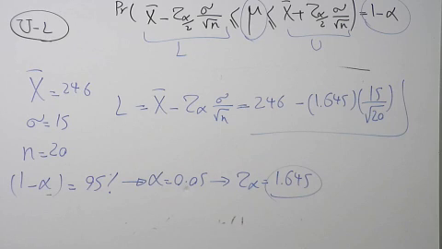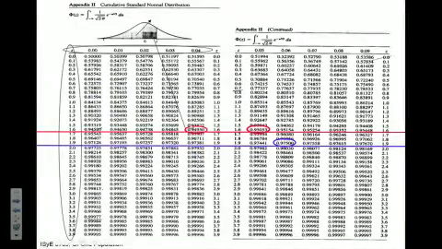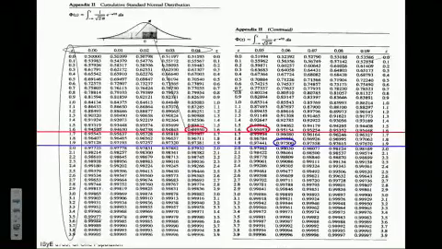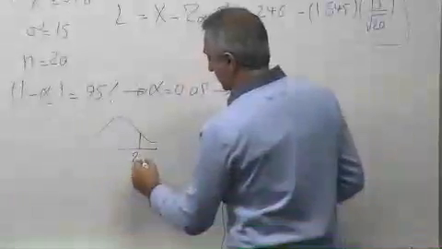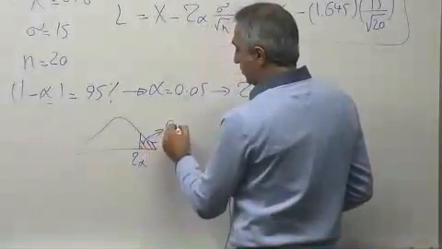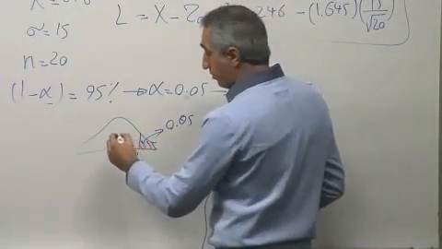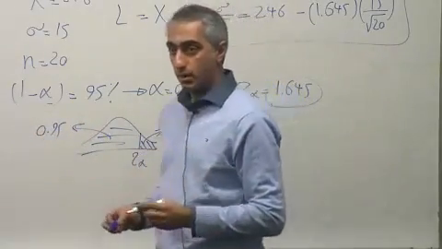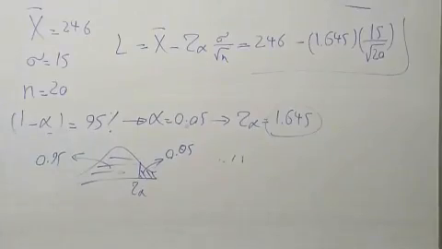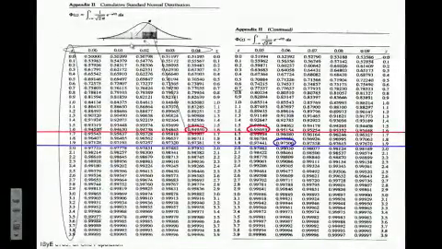From the normal chart. So, am I making a mistake here? Let me see. 95% is this guy, because this is Z alpha. Z alpha means the probability after this point is 5%. The probability before this point is 95%. And the normal chart here gives you the probability before this point.